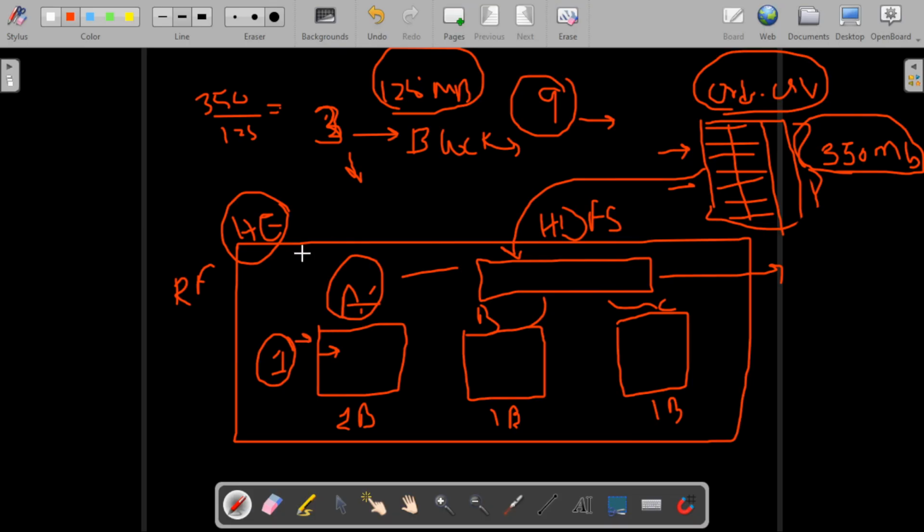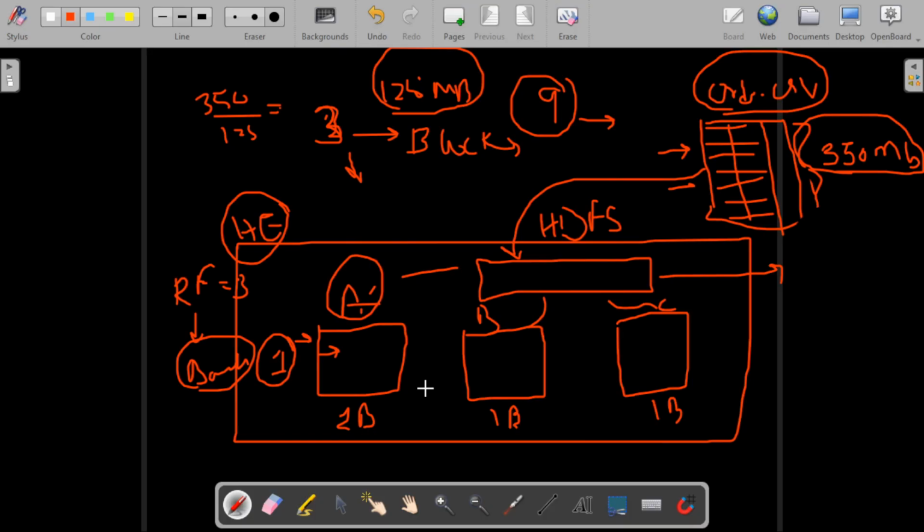At this time, with the replication factor, we can have a backup of the blocks. No need to go in depth here right now, but just understand that with replication factors we can have a backup of the blocks or the data when failures happen. So this is how HDFS works.